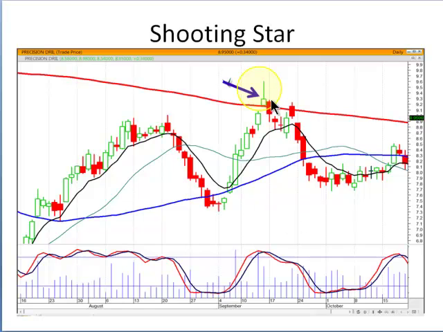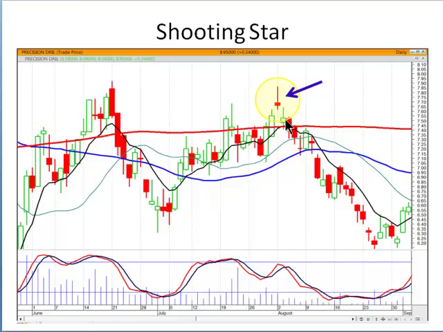Gap up, shooting star, bearish confirmation, stochastics rolling over. That's about as simple as you need as far as visually analyzing when it's time to go short. A gap up, shooting star, followed by a gap down. That's essentially like your abandoned baby up here. And notice where it did it. Right here at the same level it reversed before.